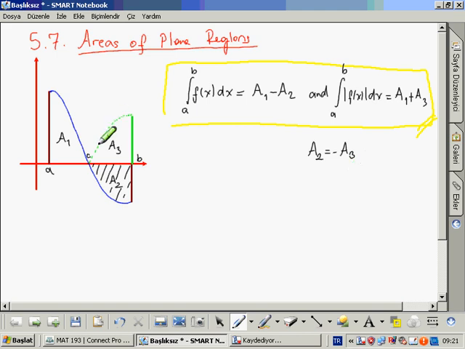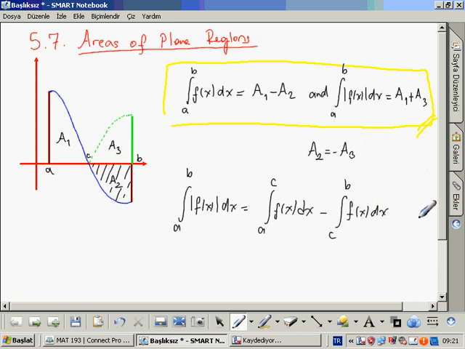As you see, when your integral's value is negative, it starts from this point C. You can say the integral from a to b of f of x dx equals the integral from a to c of f of x dx, minus the integral from c to b of f of x dx.